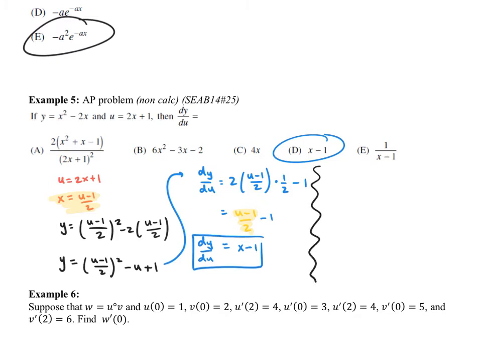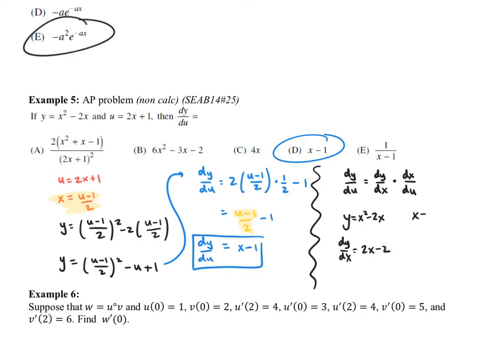The other way, and the way that we would like you to start thinking about the chain rule, is that you can take dy du, and you can actually think of it as dy dx multiplied by dx du. So if you were to do that, you have your y equal to x squared minus 2. So dy dx is easy. It's going to be 2x minus 2.